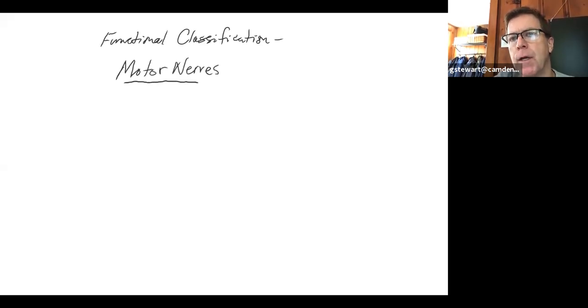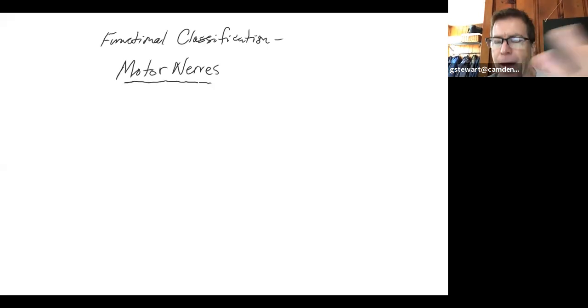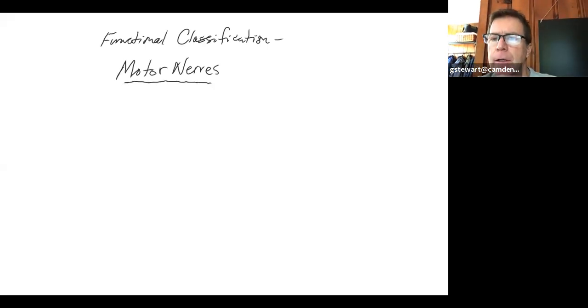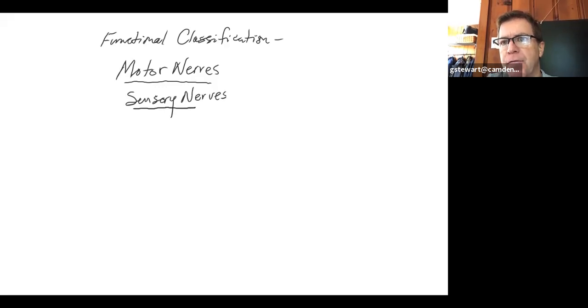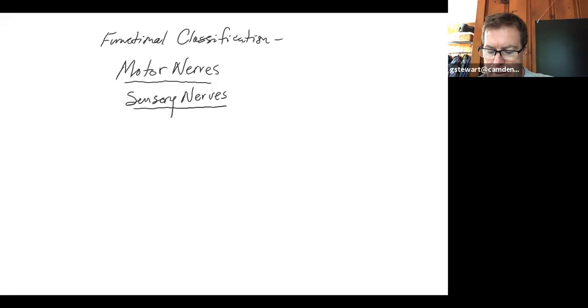Motor nerves, you know those are going to be efferent, EFF, efferent nerves that carry impulses away from the central nervous system. And then there's going to be sensory nerves, and you know that word is associated with afferent. So sensory nerves are just bundles of fibers or axons that carry impulses toward the central nervous system.